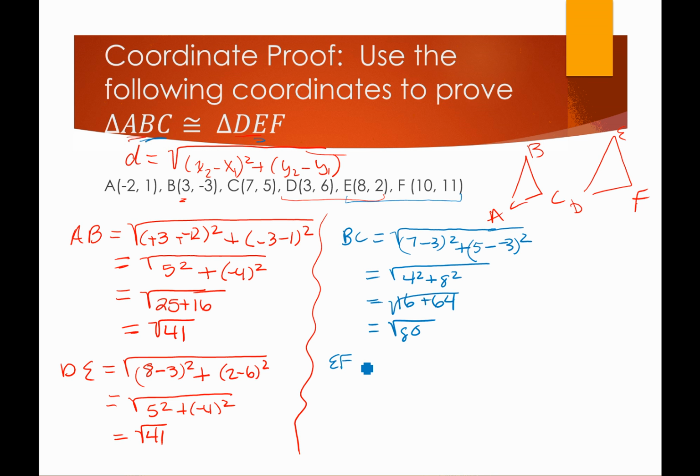So EF is equal to the square root of 10 minus 8 squared plus 11 minus 2 squared, which is going to give me the square root of 2 squared plus 9 squared, which is going to be 4 plus 81.